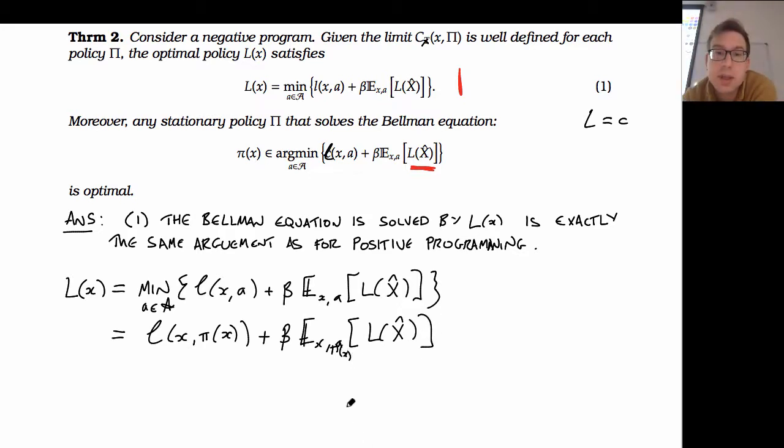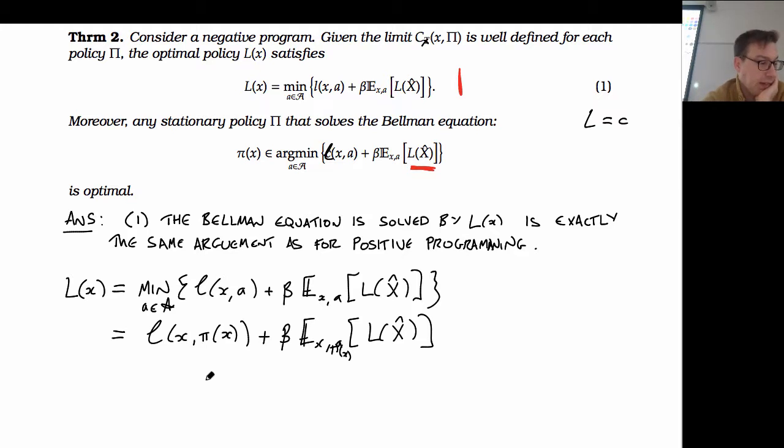Okay. So now what I've got is that the optimal value function has the same value if I take one action according to my stationary policy pi of x, and then follow the optimal value function. Okay? So the one move with this policy pi is the same as the value function. So it preserves the value.